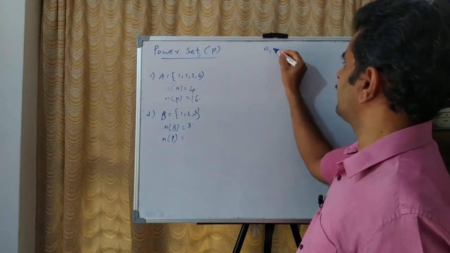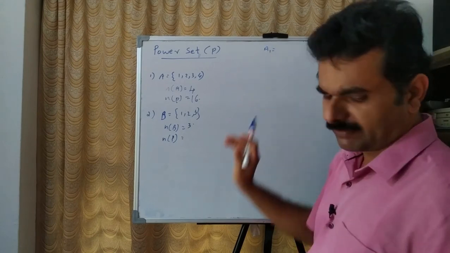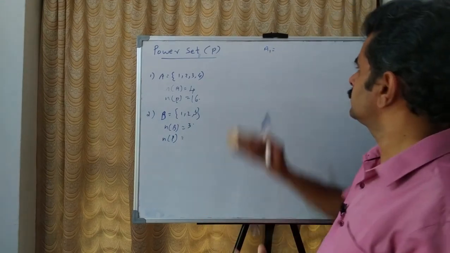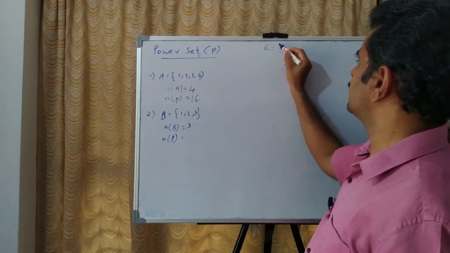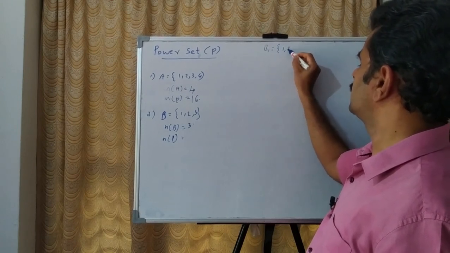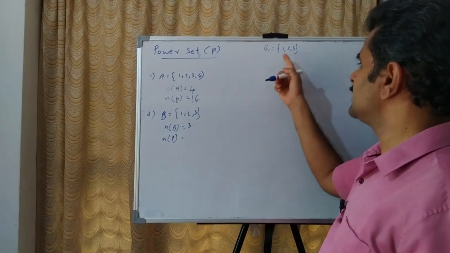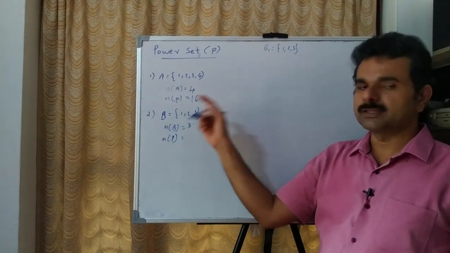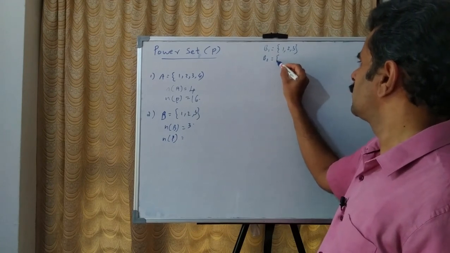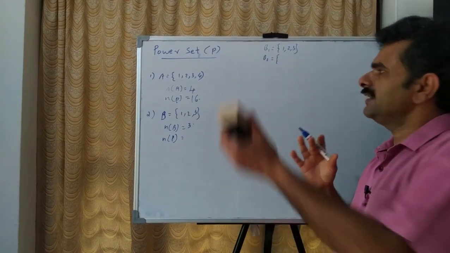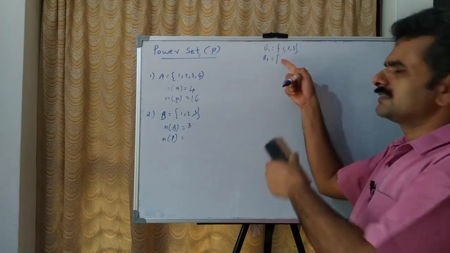Firstly, we are taking B1. B1 is equal to {1, 2, 3}, the same set. It is an improper subset of this set capital B. Then what's B2? Order is not important. You can take any subset in the second step.